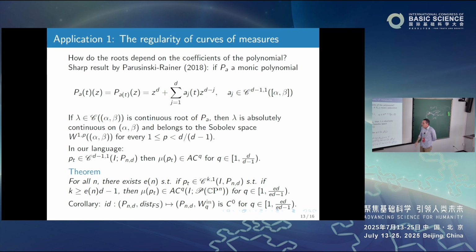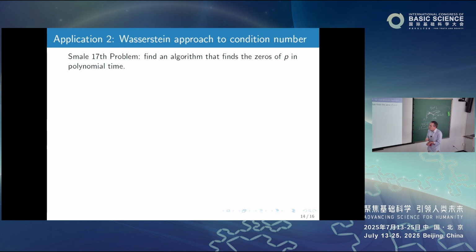So if I have a smooth curve of class C^{k,1} from the interval [0,1] to the space of polynomials, meaning the coefficients are functions with k derivatives and the k-th derivative is Lipschitz, then the corresponding curve mu will be AC^k with values in the Wasserstein space. There are some details, but they are not important.